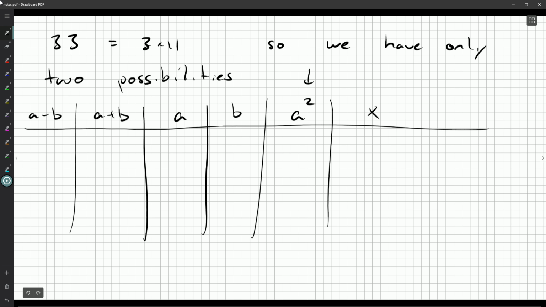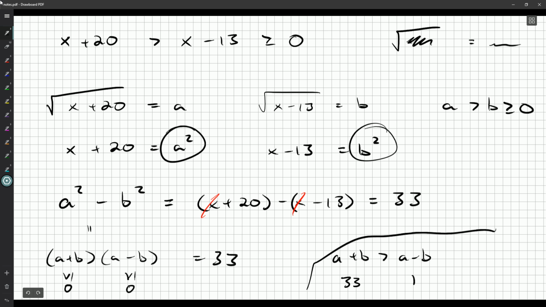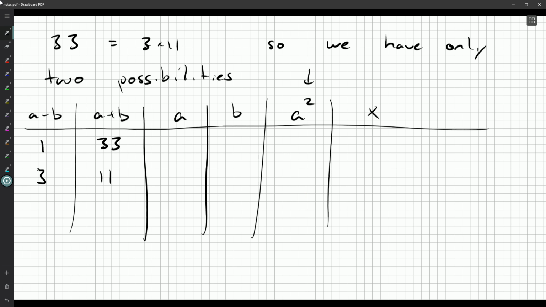So we could have 1 and 33, 3 and 11, and those are the only pairs of factors of 33 that you can really have. This question would be harder if instead of 20 and 13 the sum had more factors. If they did 60 and 4, then 64 has a lot of different factorizations, and there'd be a lot more possible a's and b's.